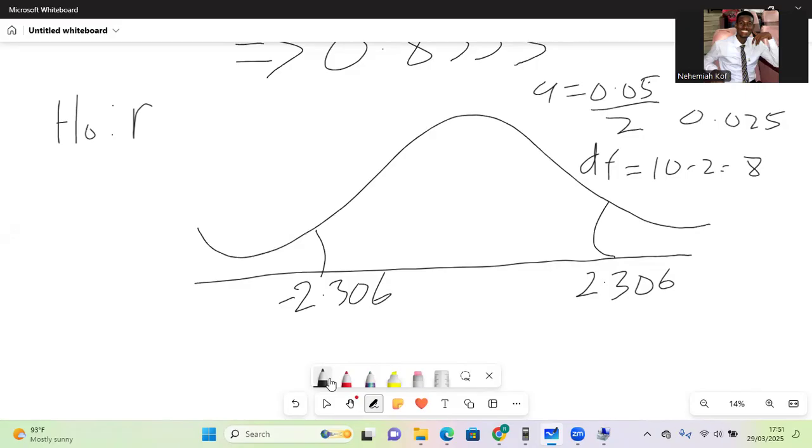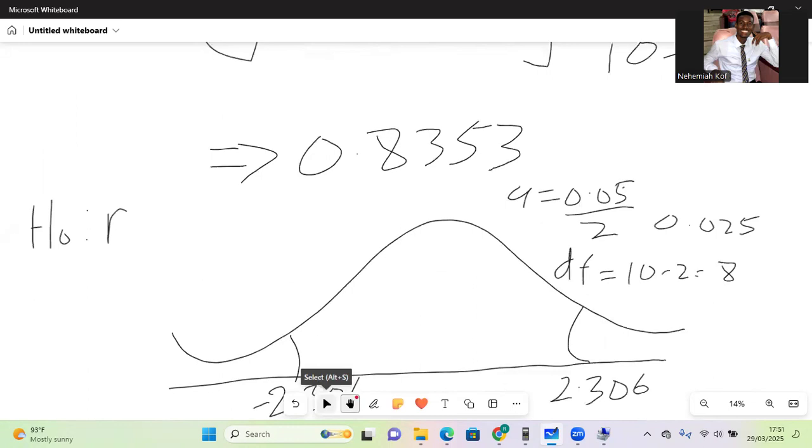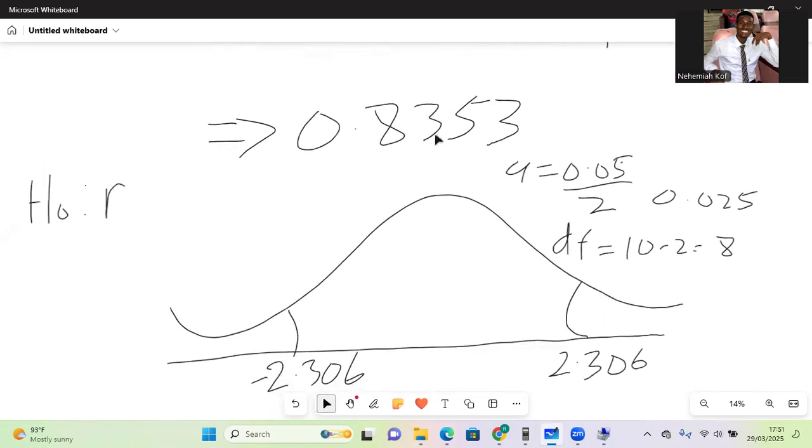Right. Now we are going to compare what you computed up there, the 0.8353, to this one. We can see that 0.8353 is less than this 2.306, right? So it is around here, in the do not reject region.